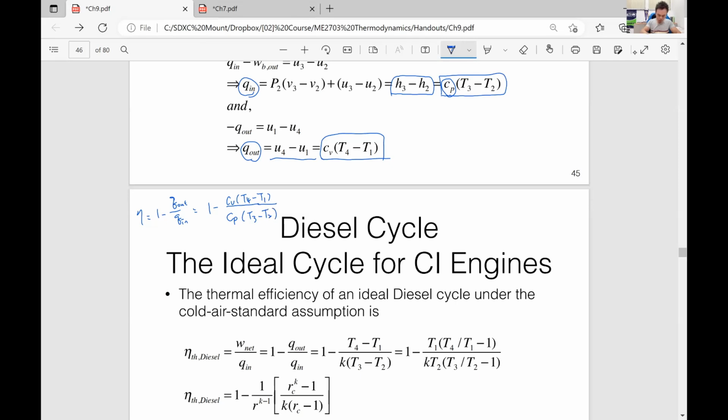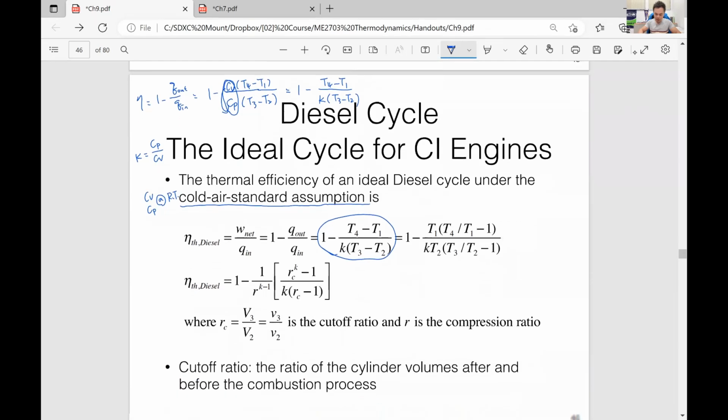Because we are using the cold air standard assumption, Cv and Cp can be evaluated at room temperature, which is a constant. Don't forget specific heat ratio k is Cp over Cv. So if we move Cv down here, then that would be 1 minus (T4 minus T1) over k times (T3 minus T2), which is this.